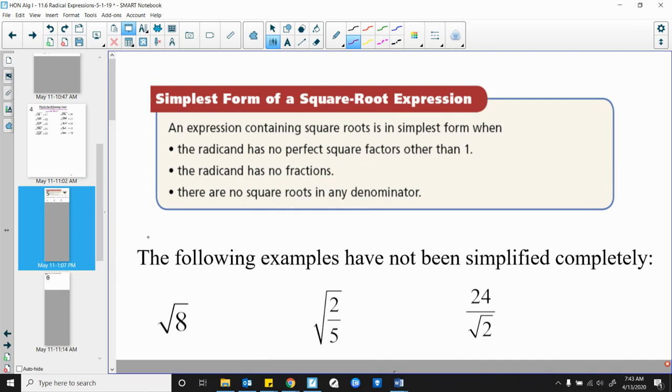Radical 8 has a perfect square factor in the radicand. Here's a fraction, and there's a square root in the denominator. It can't have a square root in the denominator. So I'll show you what to do when we have these situations.